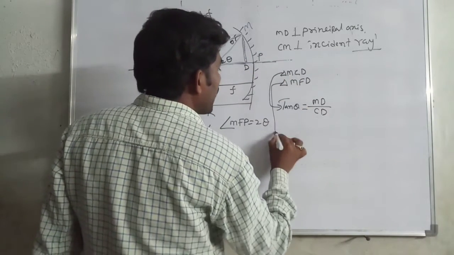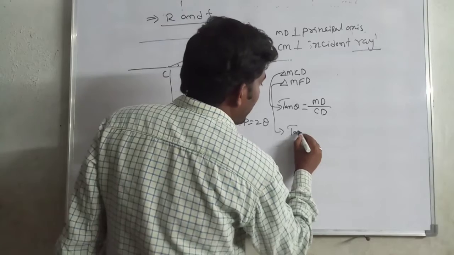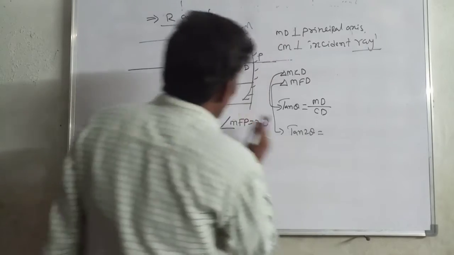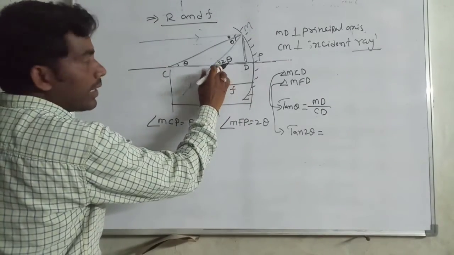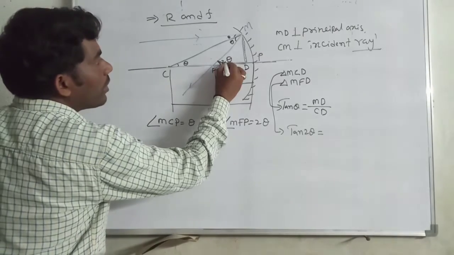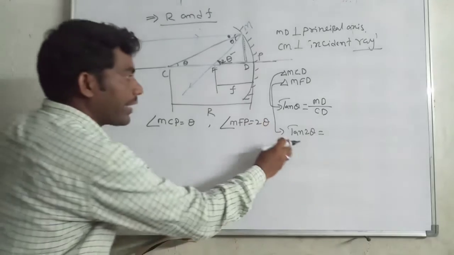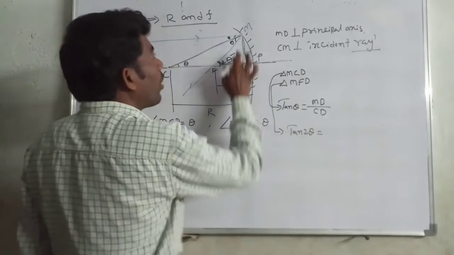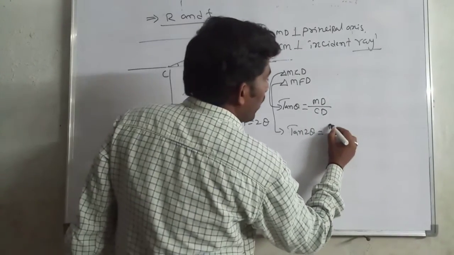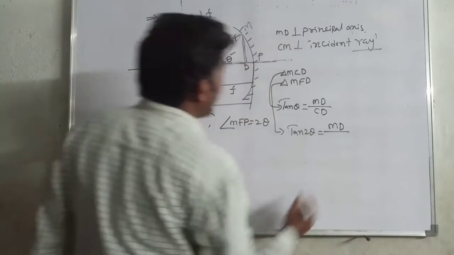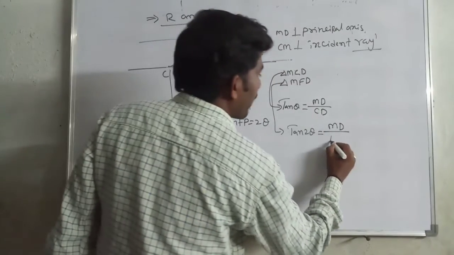And for the next one, tan 2 theta, because at this point the angle is 2 theta, that's why we take 2 theta. So tan 2 theta equals the opposite side by the adjacent side, MD by FD.